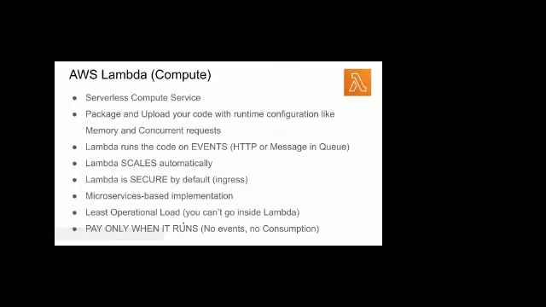So Lambda has a very different calculation meter. When a request comes, it downloads the packaged code that we upload. It will run that, and it will count how many microseconds our code has run. So it actually goes into blocks of 100 milliseconds.